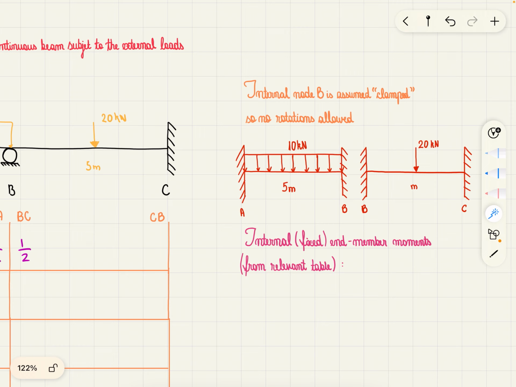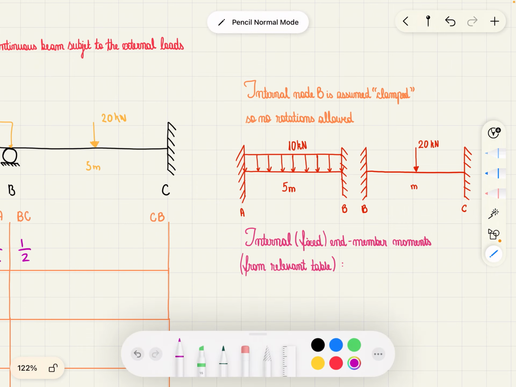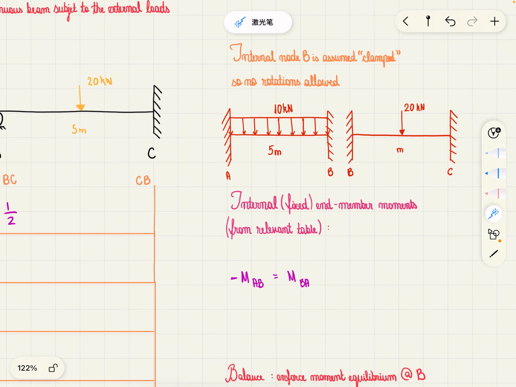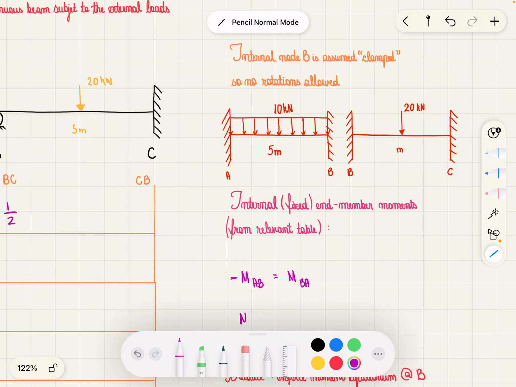We know that moment AB is equal and opposite to moment BA, but since they're equal and opposite, one of them has to be negative. Let's say this one. Same with BC. Moment BC and moment CB are equal and opposite.